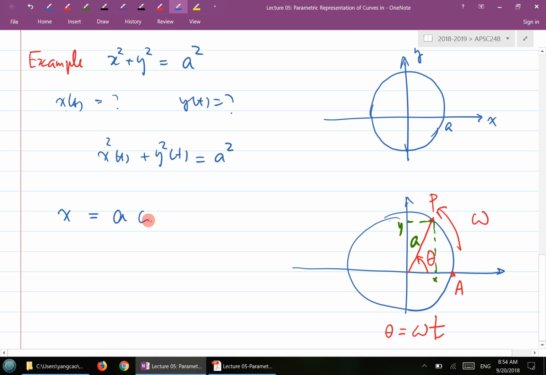A times cosine theta, which is A times cosine omega t. And what will be the y? y is A times sine theta, which is A times sine omega t.